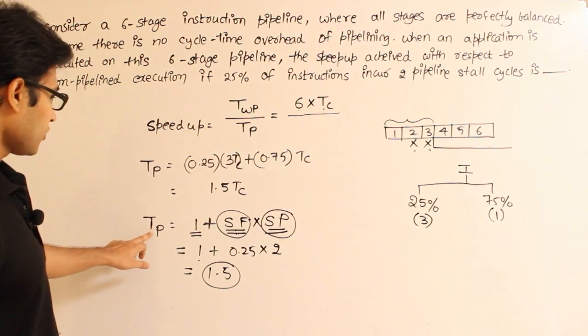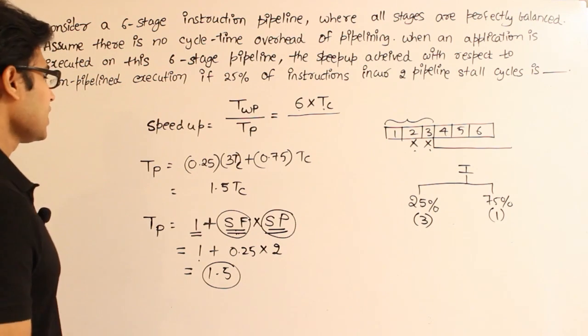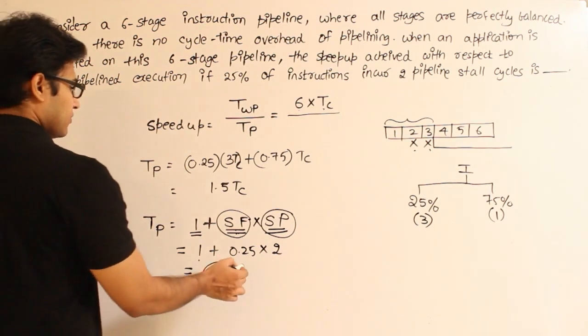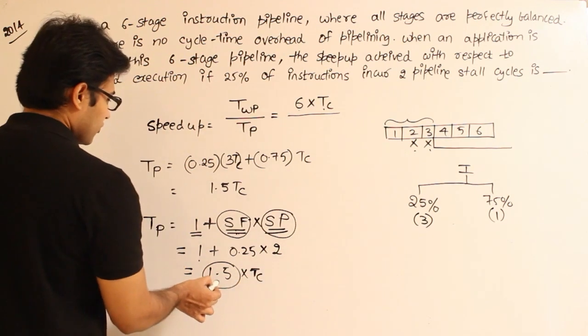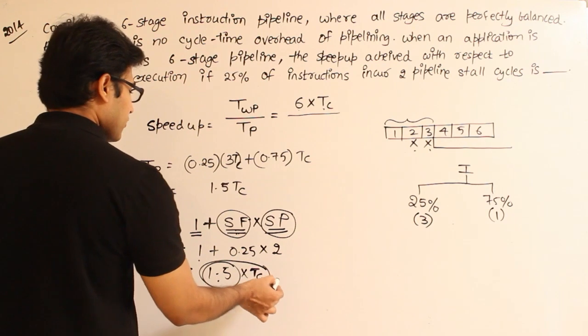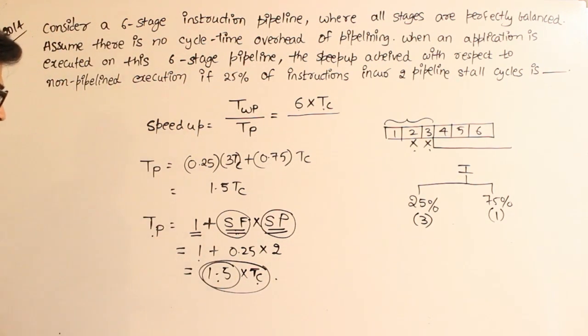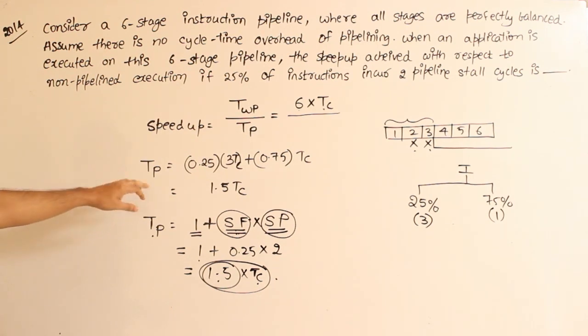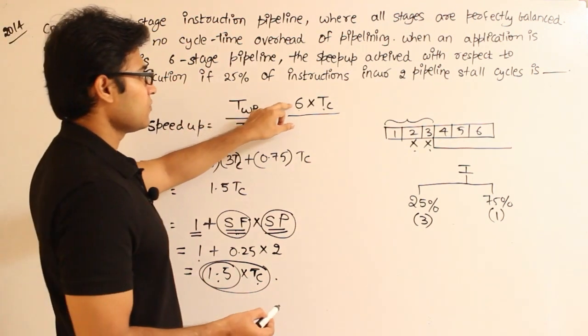So this is the number of clocks required per instruction on average. But since we are talking about time, we have to multiply with the time of each clock. This is the number of clocks and this is the time of each clock. Therefore, this is the time in seconds required on average to execute an instruction in a pipelined processor. Without a pipeline, we have to execute the instructions one after the other.